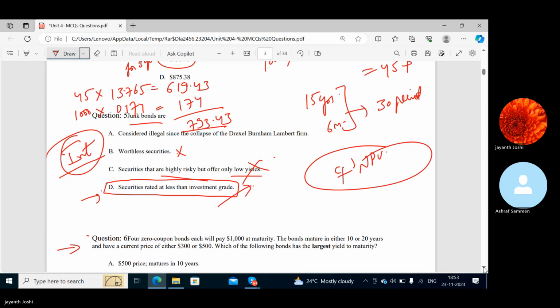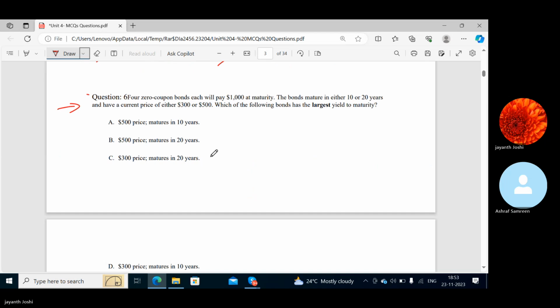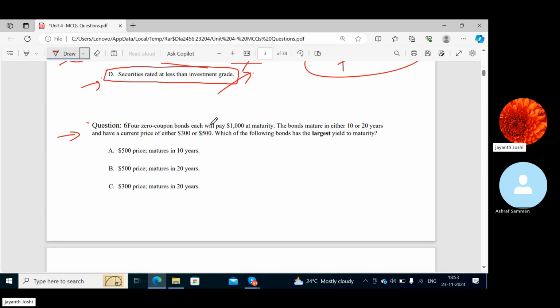Yes, sir. Next question. Four zero coupon bonds each will pay $1,000 at maturity. The bonds mature in either 10 or 20 years and have a current price of either $300 or $500. Which of the following bonds has the largest yield to maturity?